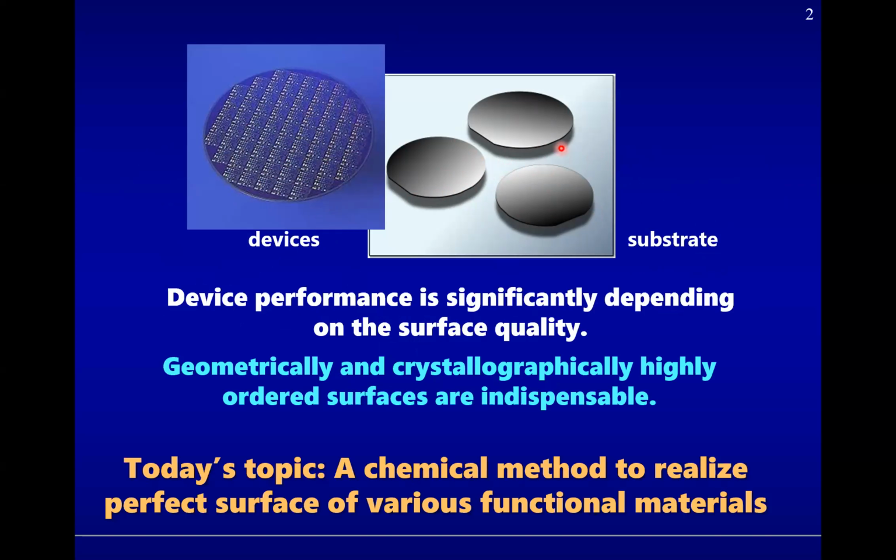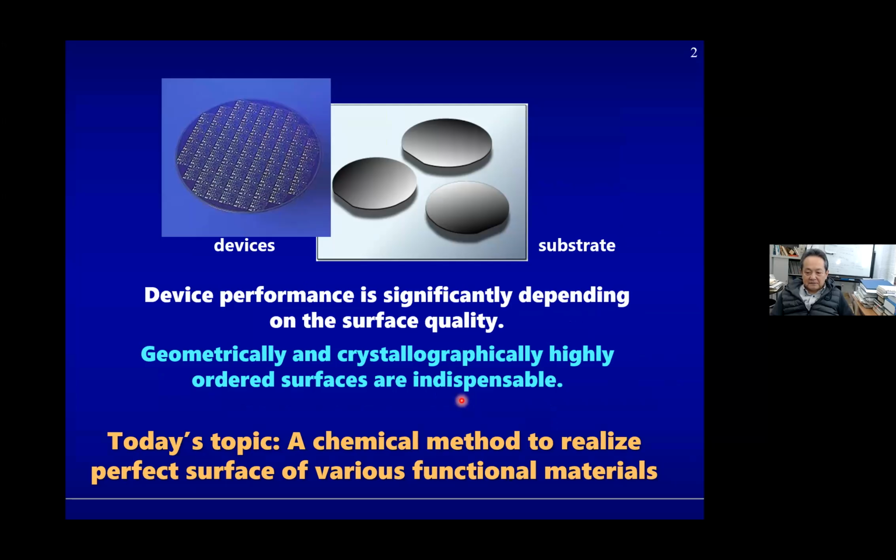And so on the substrate, geometrically and crystallographically highly ordered surfaces are indispensable and strongly demanded. So today's topic from me is a chemical method to realize perfect surfaces of various functional materials. Okay, so I'd like to start.